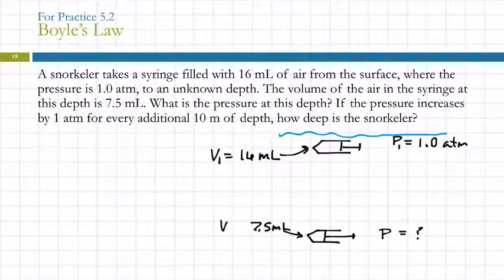And we'll call this volume 2, and this is pressure 2. So there's an equation that relates P1, V1, P2, V2, right? It's Boyle's law, P1 V1 equals P2 V2.